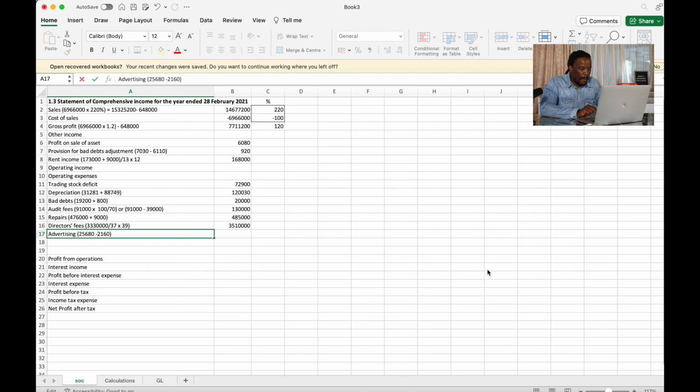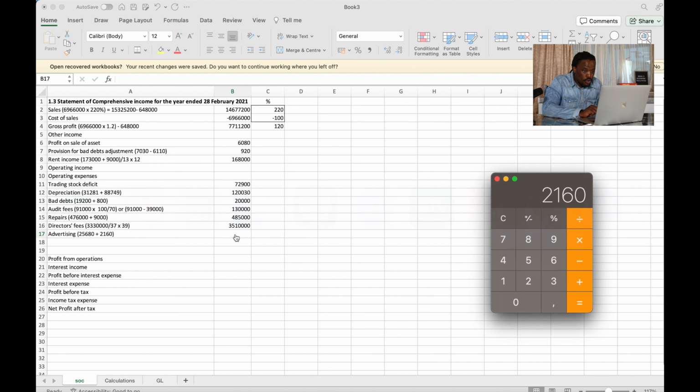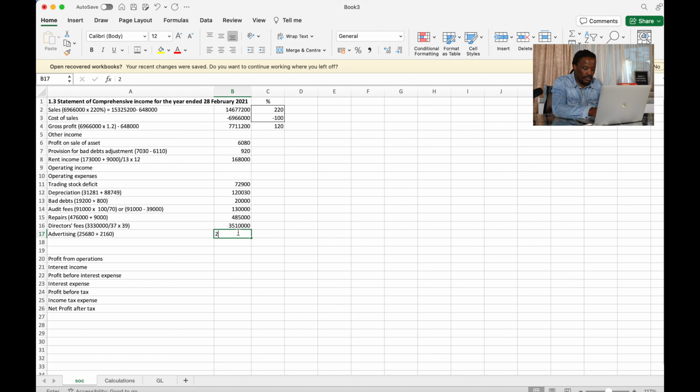So it's a plus this, so that when we minus, it will represent 10 months, so it must be represented by 12 months, which is plus 25,680. 27,840.